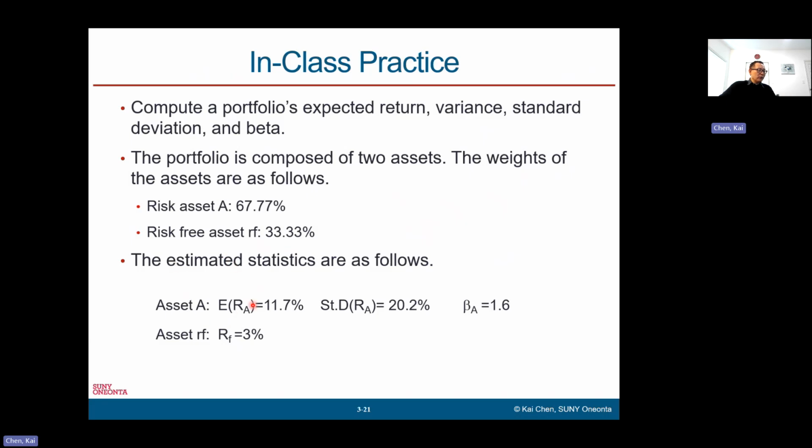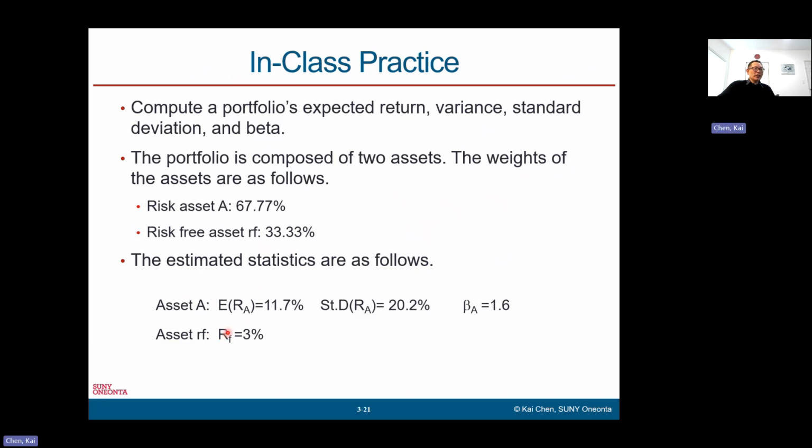And then we know the statistics of these assets. We know the expected return of asset A and the risk-free asset. We know the standard deviation of asset A, and the beta of asset A. And how about the standard deviation of the risk-free asset?